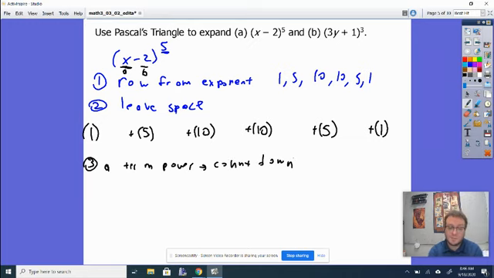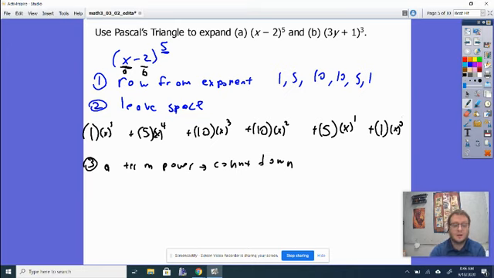Okay, so what I mean by that is I'm going to take that A term, x to the 5th, x to the 4th, x to the 3rd, x squared, x to the 1, and then x to the 0.